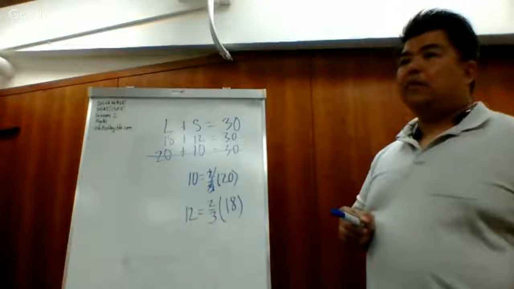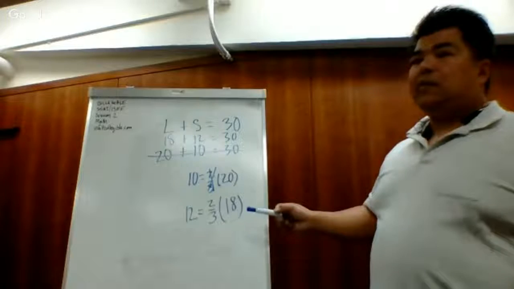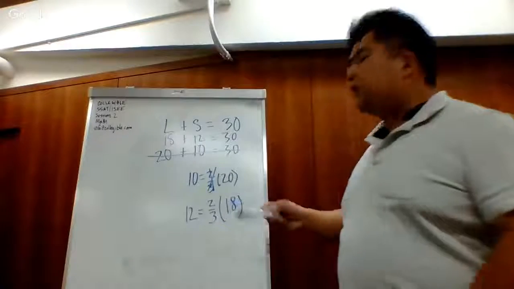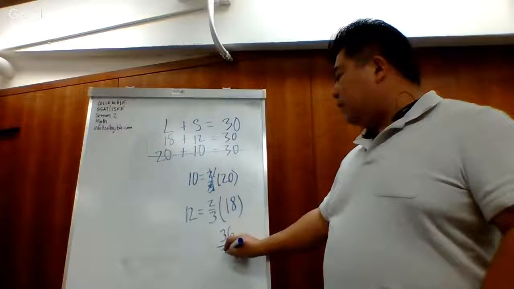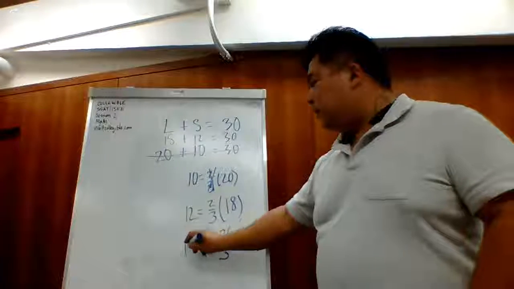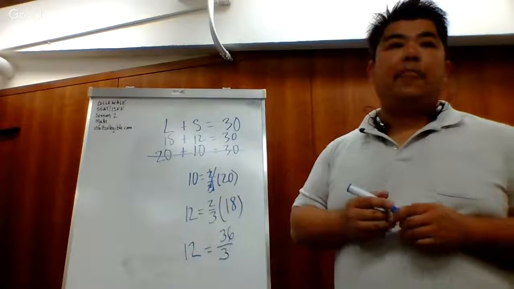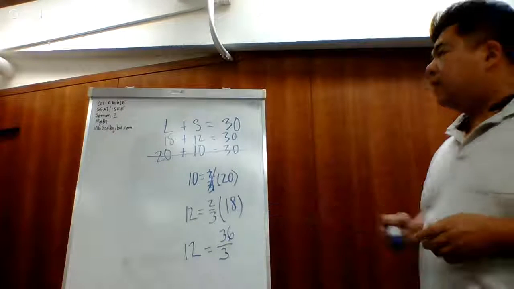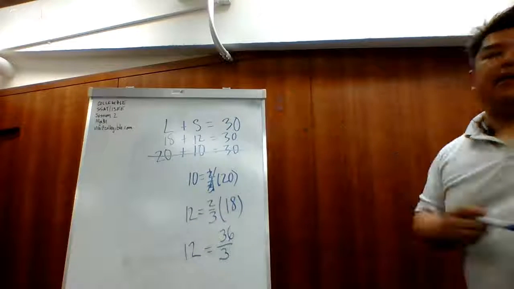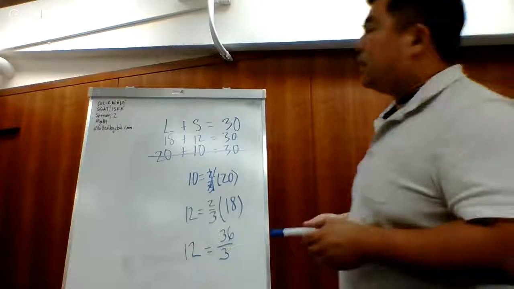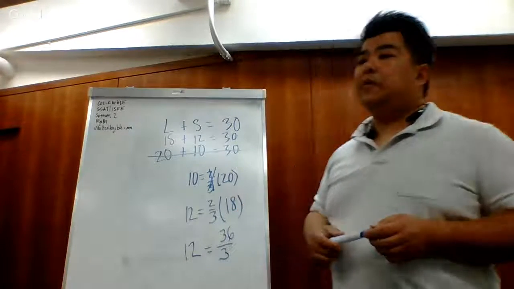Henry? Because if you multiply 2 times 18, you get 36. Divide that by 3, it equals 12. You guys see that? So the answer is that the small group is 12, and that would be the answer, because that's what this question is asking. What is the size of the smaller group?